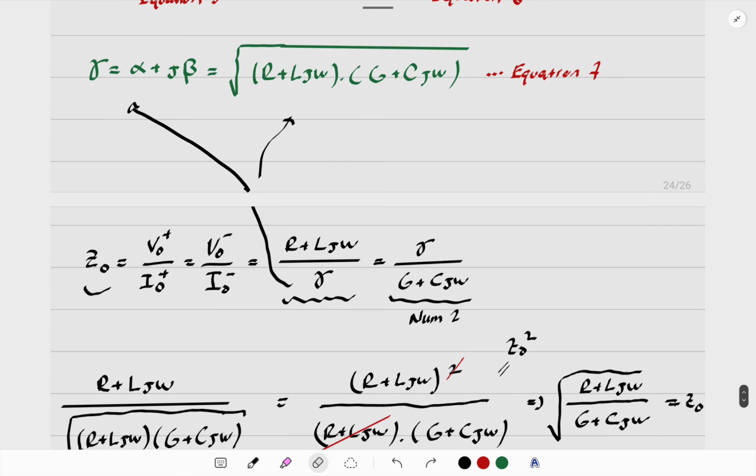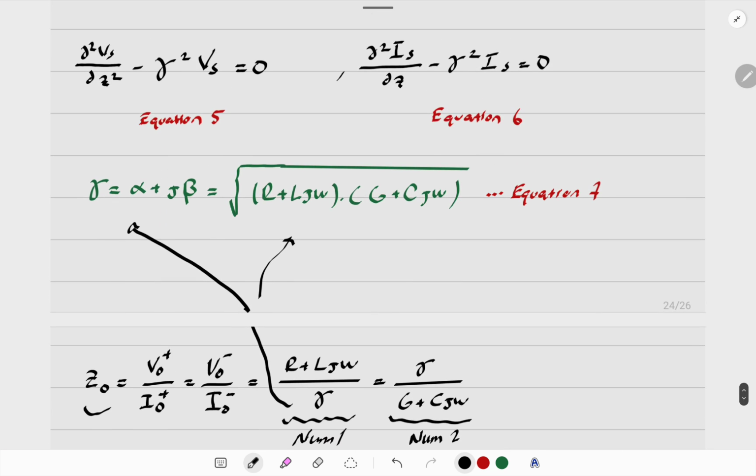And Z0 needs to be remembered as V0 plus divided by I0 plus, and V0 minus divided by I0 minus. These need to be remembered as two different approaches, number 1 approach and number 2 approach. Number 1, let's say, and we know this highlighted information, right?